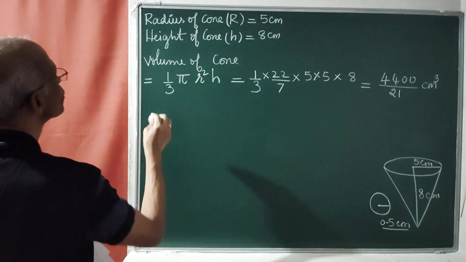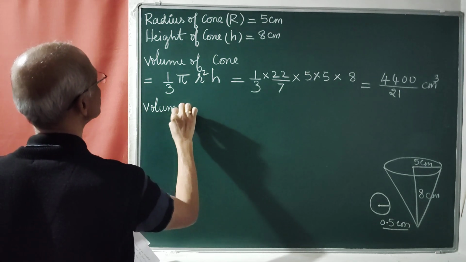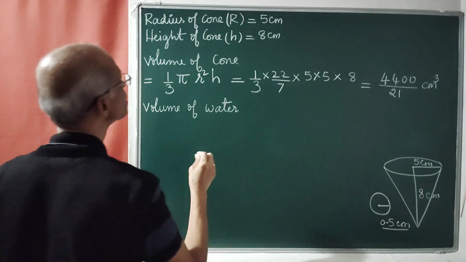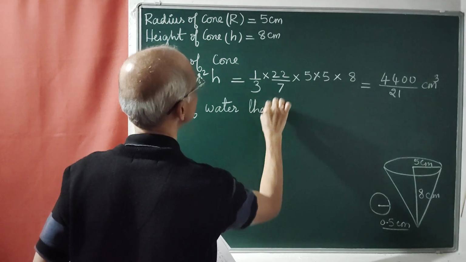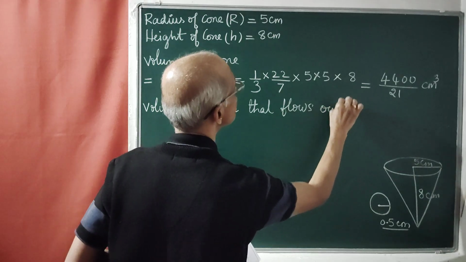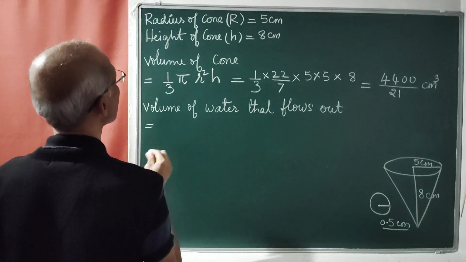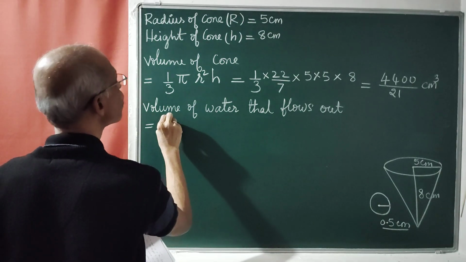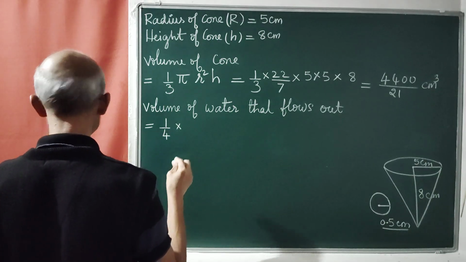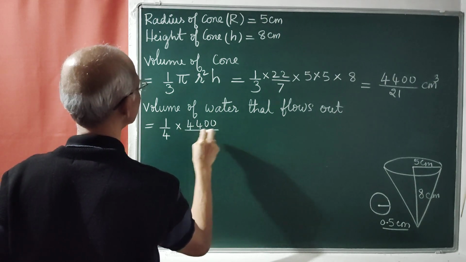So volume of water that flows out is equal to 1 by 4 into 4400 by 21.